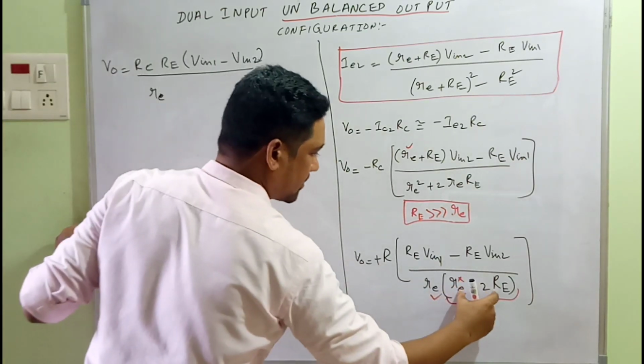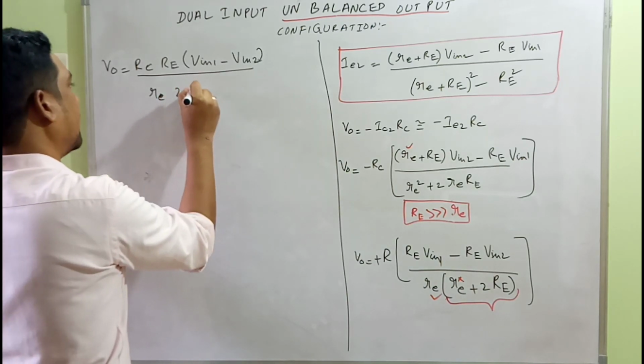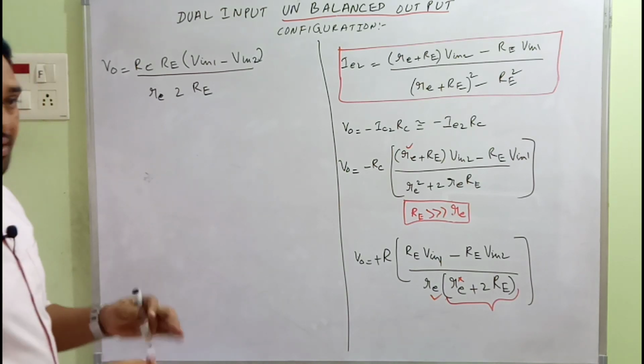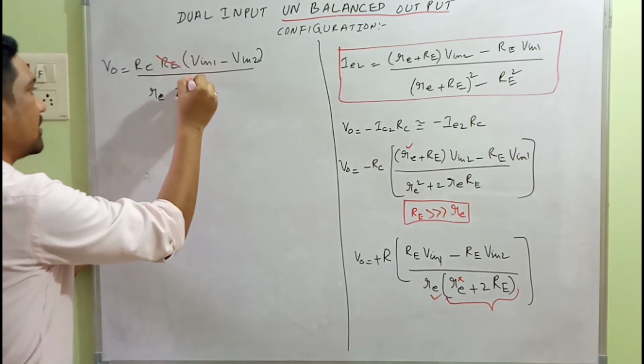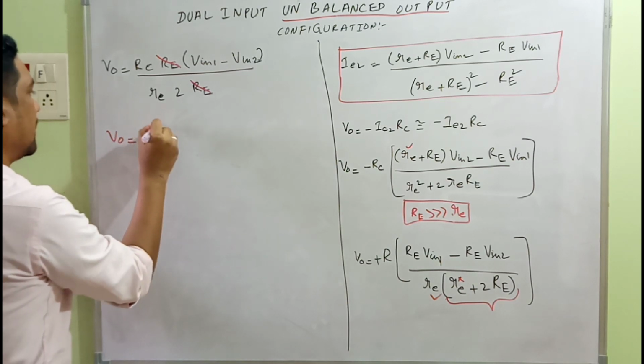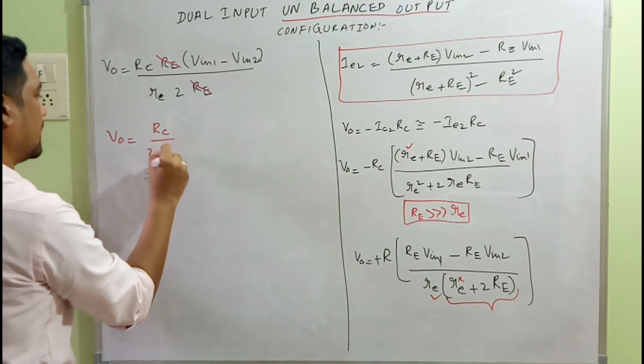And in the bracket, we can neglect this one when compared to this one, so that can be written as twice of RE. So what gets cancelled? Here something gets cancelled, and V naught will be equal to RC upon twice of RE.